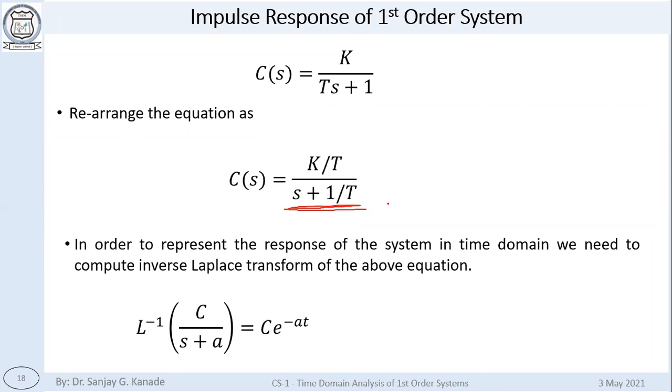So we convert our equation into one of those standard pairs, and then we invert the equation. Now you can see this term in the bracket is equivalent to the same format, where K by T is C and 1 by T is A.